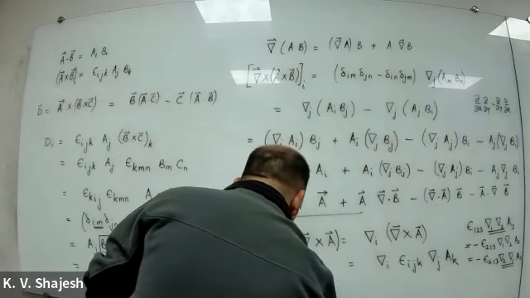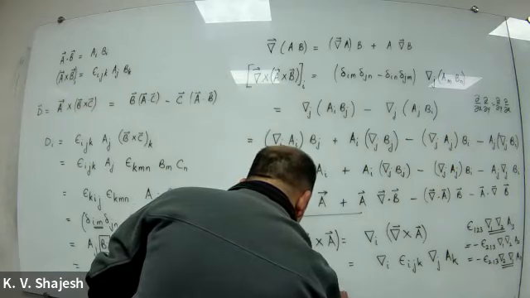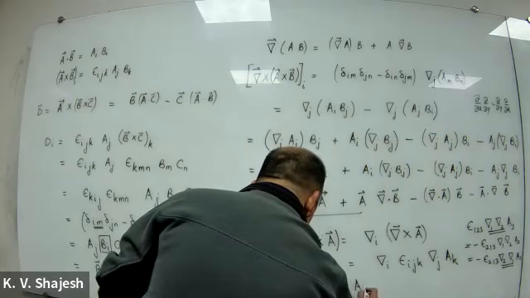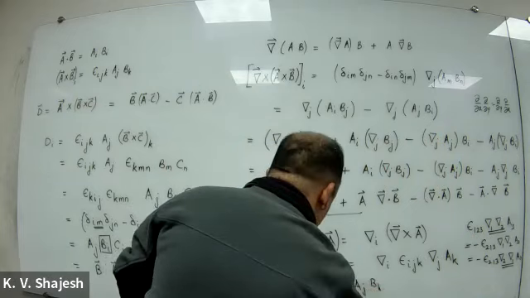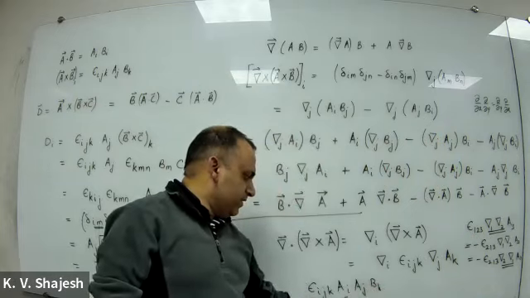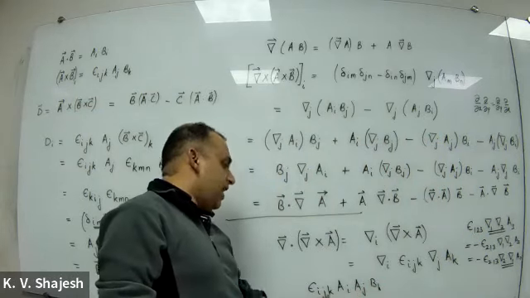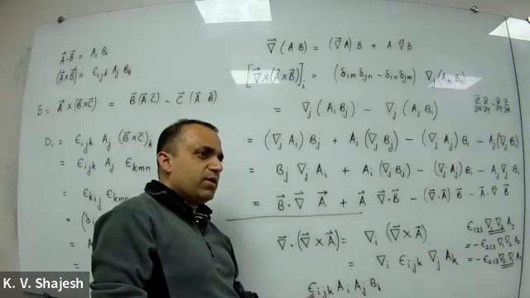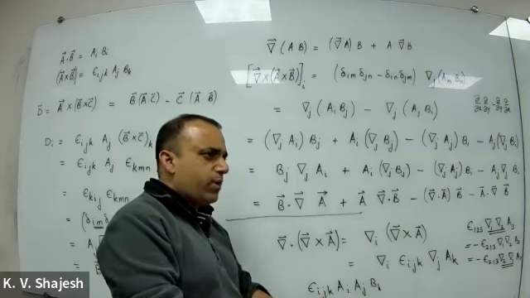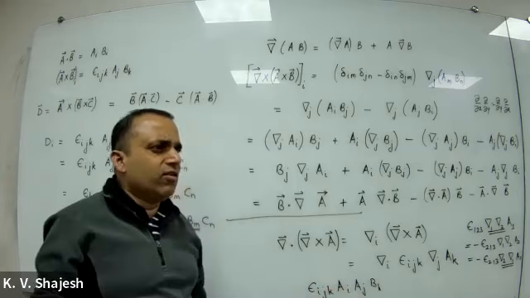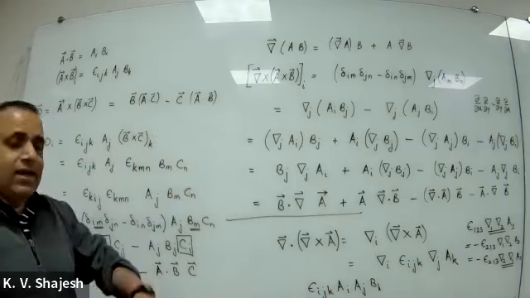So epsilon_ijk, if it ever comes with two identical vectors, A_i A_j for example, B_k, it will not be satisfied, because this is symmetric under the replacement of i and j, while this is antisymmetric under the swapping of i and j. So together they cannot work, so that's equal to 0. And that's the reason why this goes away.